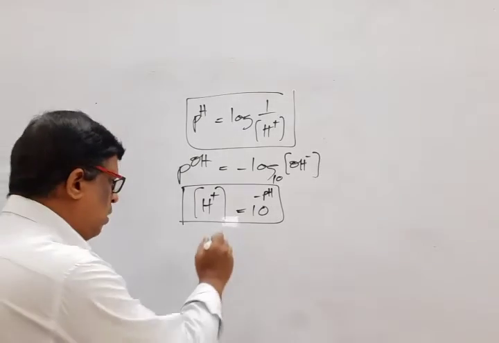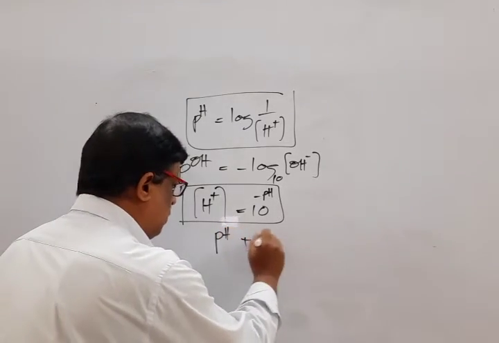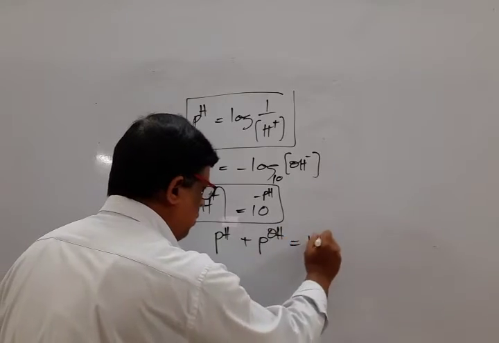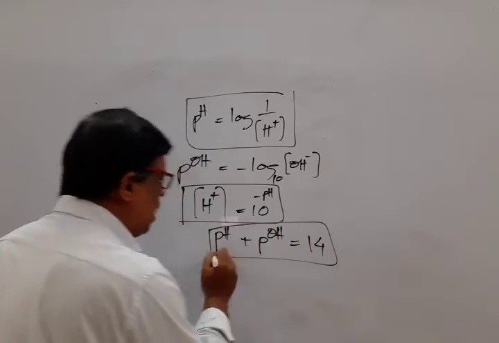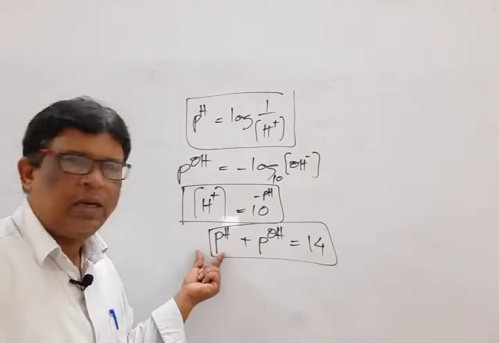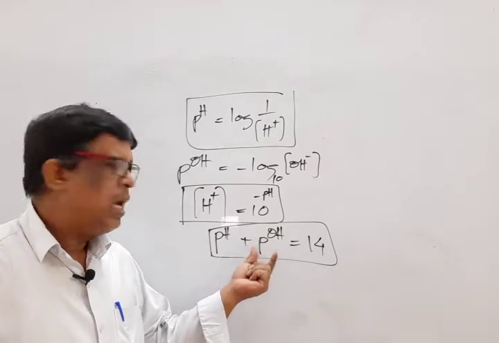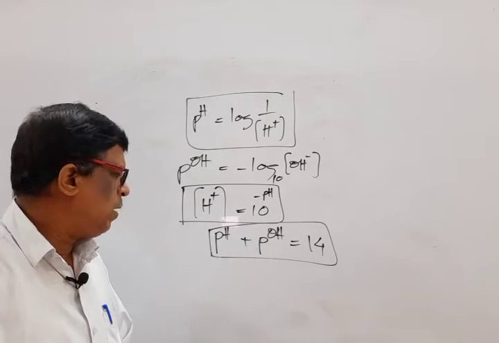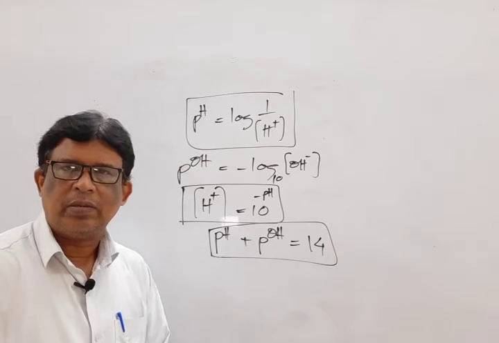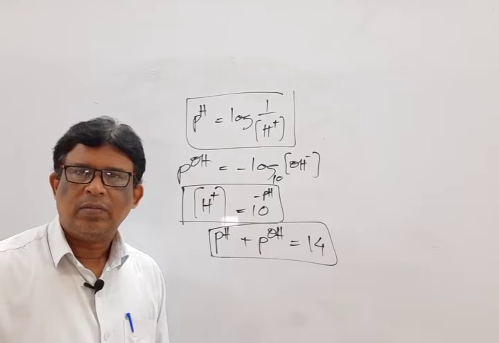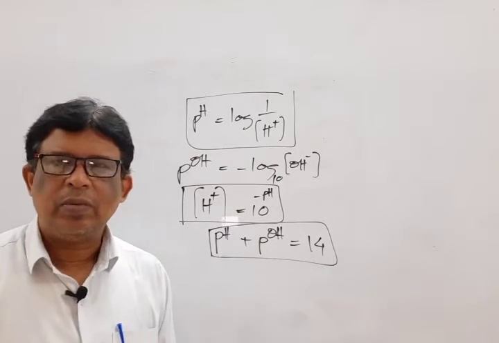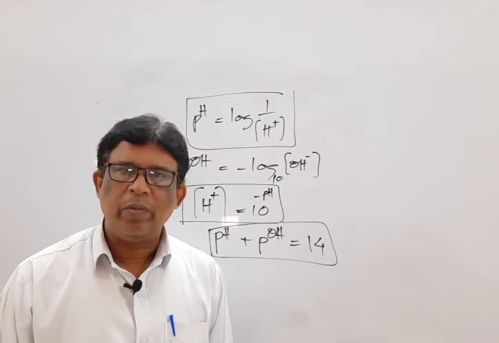Again, pH plus pOH is equal to 14. That means if pH of a solution is given, then we can calculate pOH. If pOH of a solution is given, then we calculate pH. By using this relationship, we then solve some numericals.